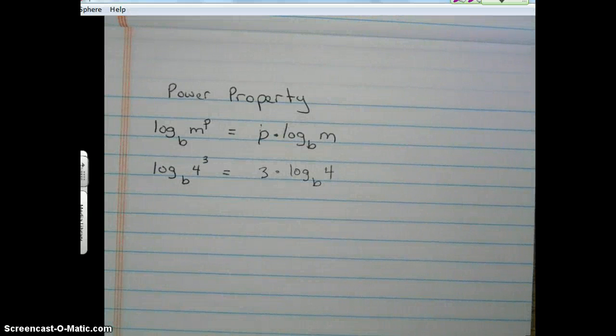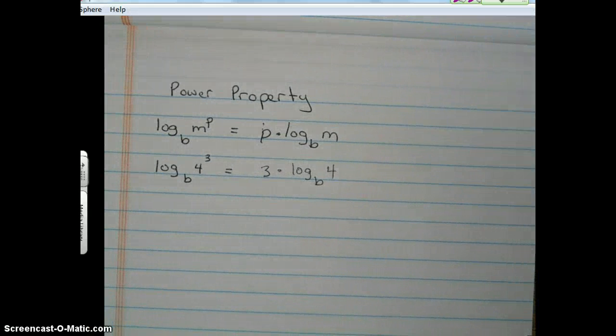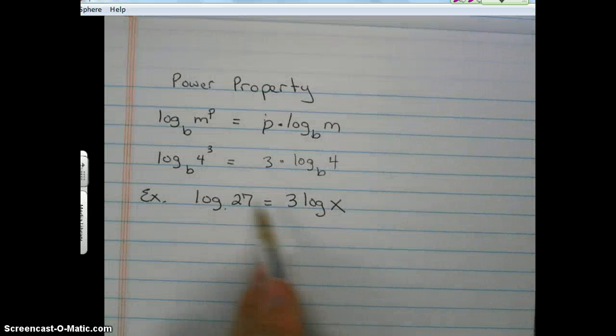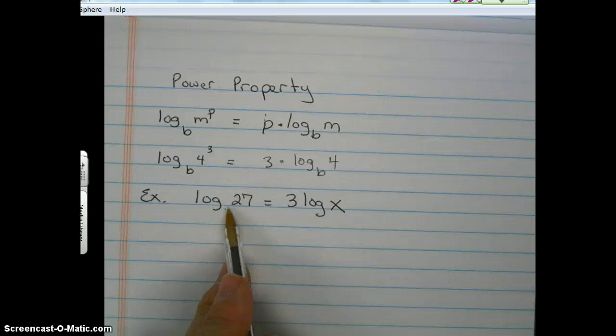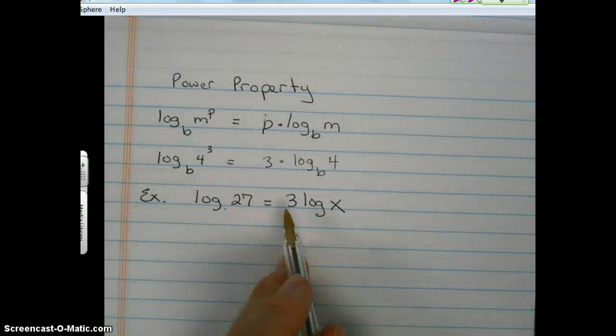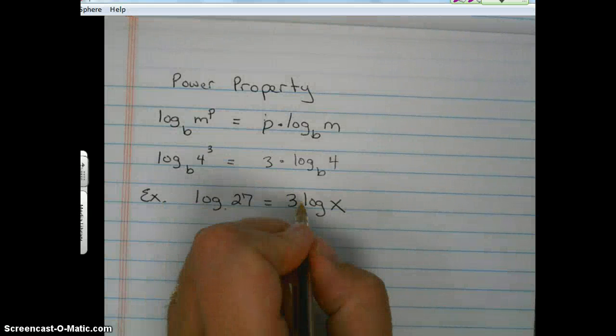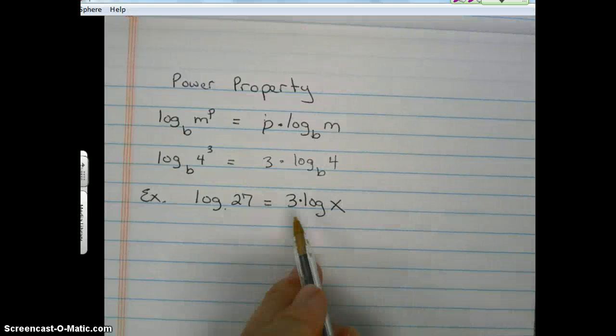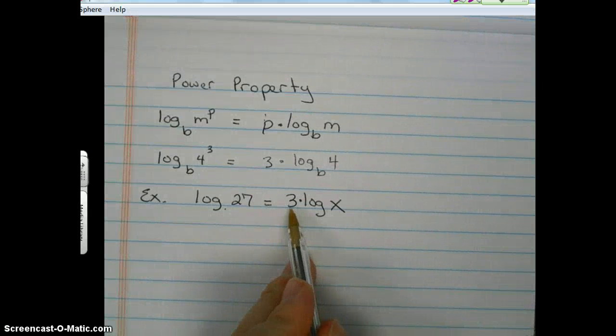So let's look at an example where we have to solve. Looking at this problem, notice the bases are both 10, that's important, bases have to be the same. Now, what you need to start recognizing is when you see this multiplication here, notice the number is down front.